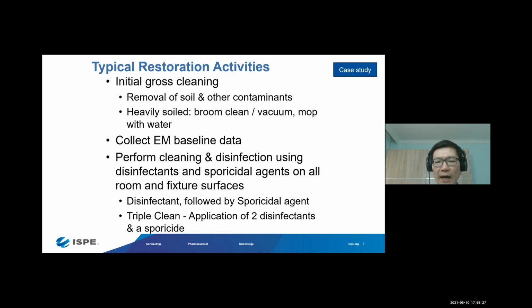Of course, for the number of times the disinfectant and the sporicidal agent are used, there's not so much of a guideline saying you must use it a certain number of times. The main objective is the end result: you must be able to meet the bioburden requirements for the respective cleanrooms before you can turn them over to production. So next.